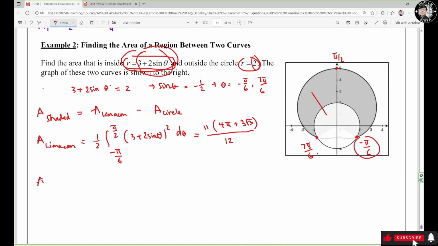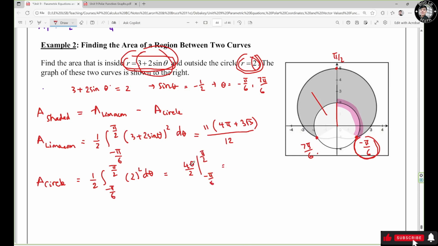Now the area of the circle is 1/2 the integral from negative pi over 6 to pi over 2, which is from here to here. Now we're going to use this one right here, so 2 squared d theta. So this guy turns out to be 4 theta over 2, evaluated from negative pi over 6 to pi over 2.